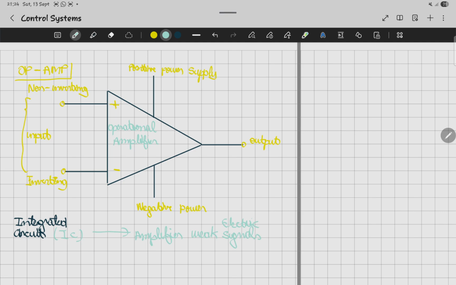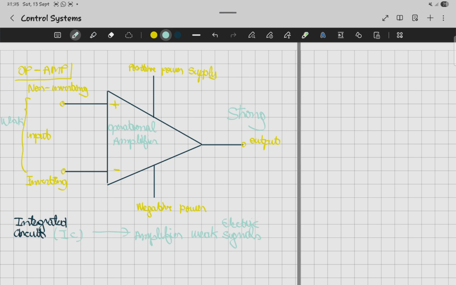So meaning that we can have a weak signal on the input, and then we're gonna get a strong signal on the output side. This is the reason why we need an operational amplifier.